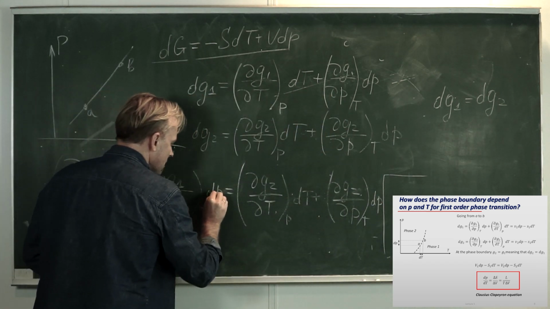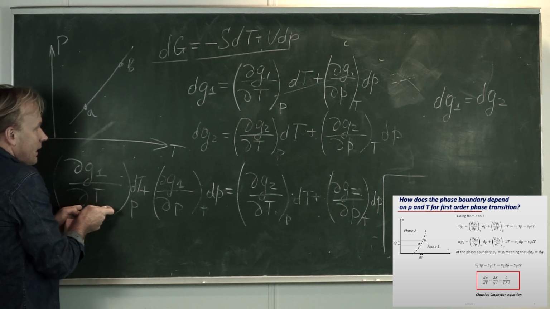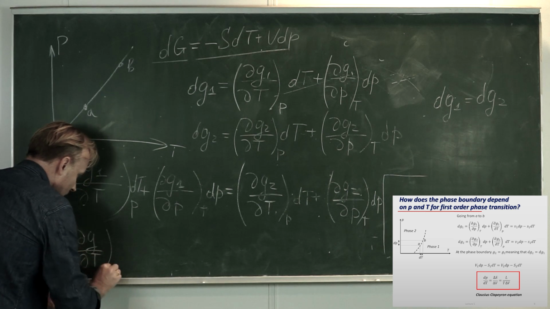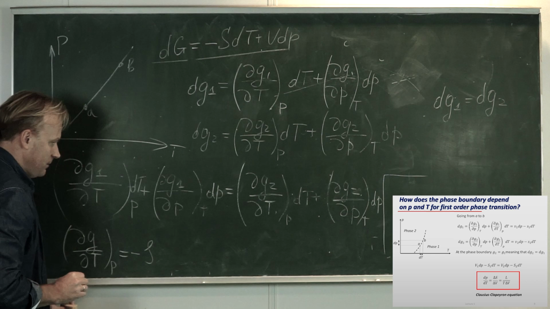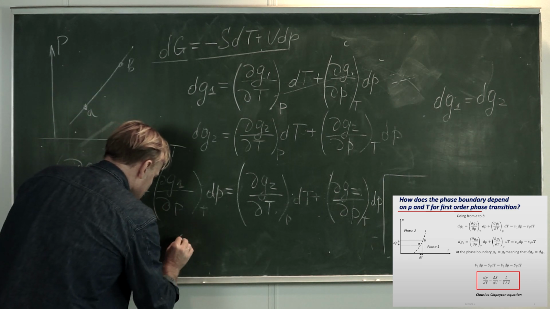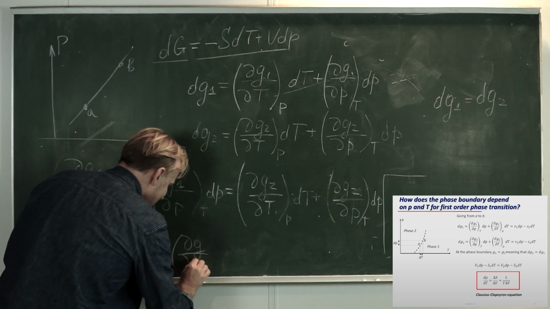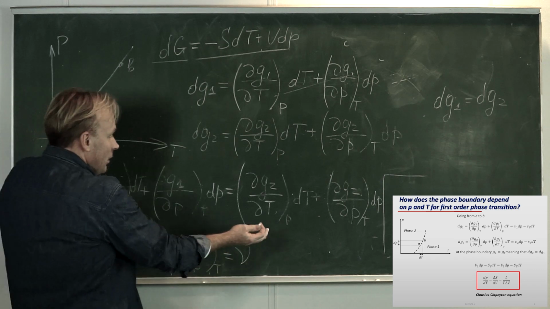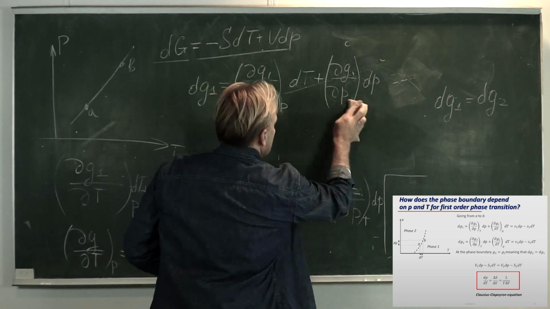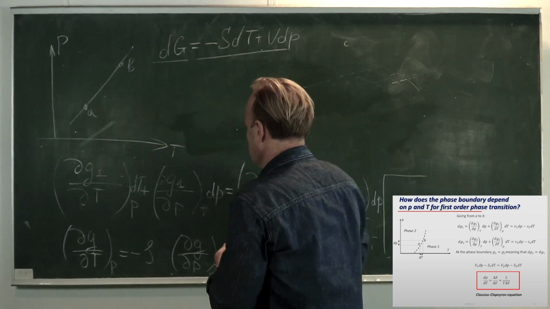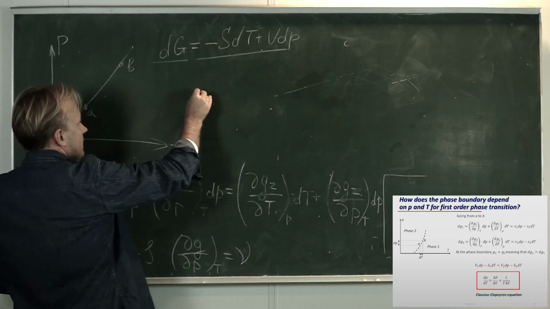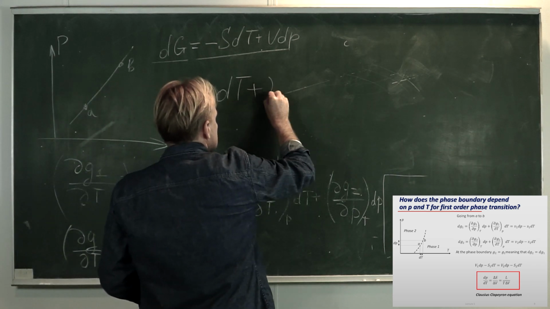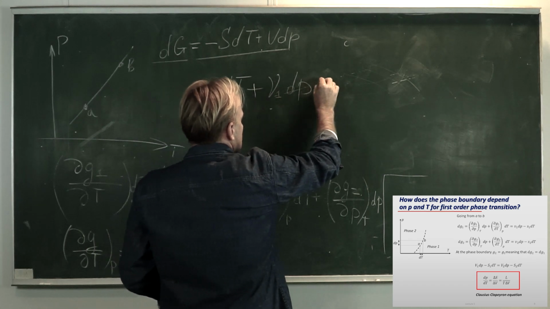And here it is a moment to look carefully at this derivative. If you look carefully at this derivative, you will see that in general this derivative is equal to specific entropy. And in general, this derivative will be equal to volume of unit mass, as defined previously. So then if you look at this expression, what you obtain here is specific entropy of first phase times change of temperature plus specific volume of the first phase times change of pressure.